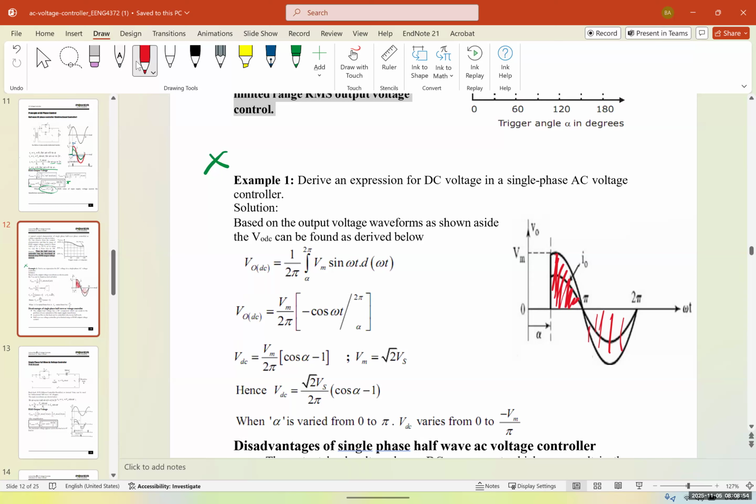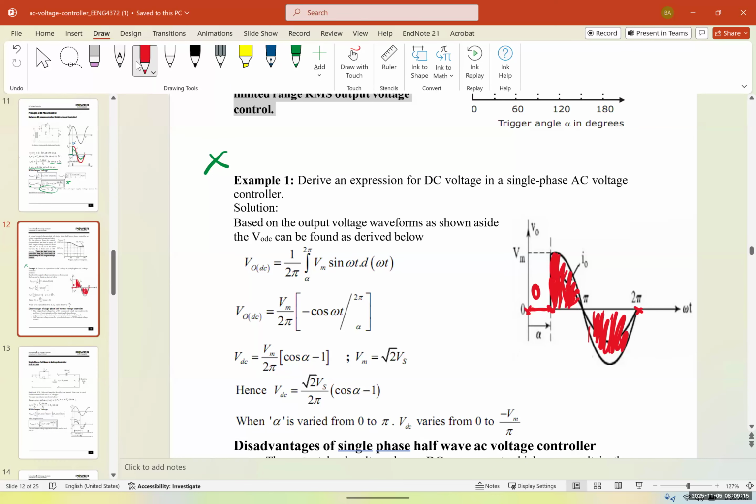Now, Vout DC in this case is going to be 1 over 2 pi because we're going between 0 and 2 pi. Integral of alpha, because between 0 and alpha, we have 0 volts in the output, so it's going to be 0. So we're going to start from this point, and we're going to find all of this.